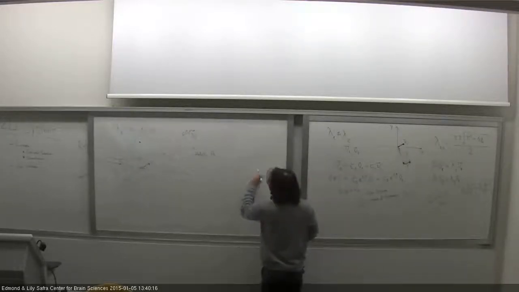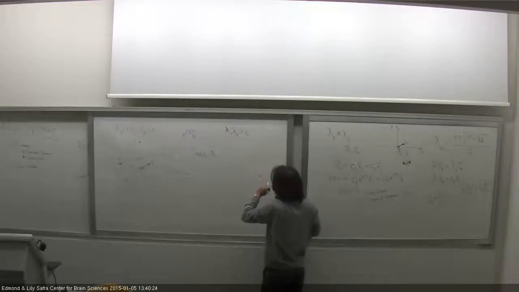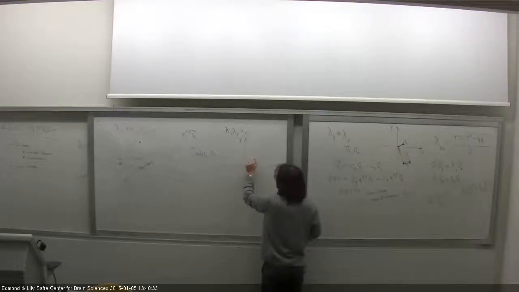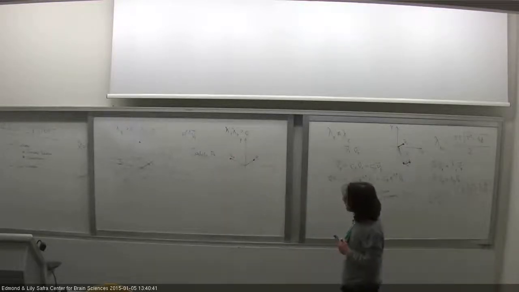Okay, now say that both lambda 1 and lambda 2 are positive. Now I have my eigenvectors v1, v2, and I have growth on both of them.